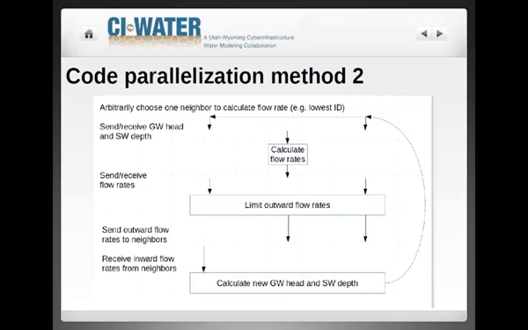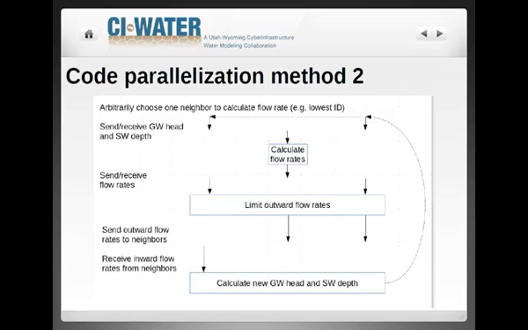You would calculate the flow rates, and if you have to limit them, say the overland flow rate times the time step is more volume of water than is available, you might have to limit one of those and then inform your neighbor that I just limited my depth flux.